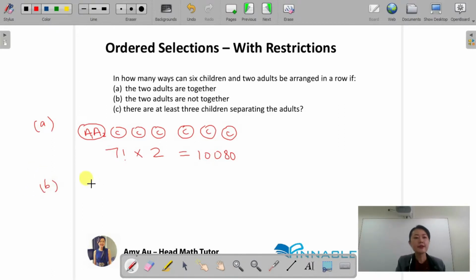Alright, part B, if the two adults are not together, that's kind of the complementary case of being together. So we can calculate this. So the number of ways, actually, you know what, I'll just write like this. Okay, so not together, it's easier to understand. It's basically the full set. Full set means no restrictions.